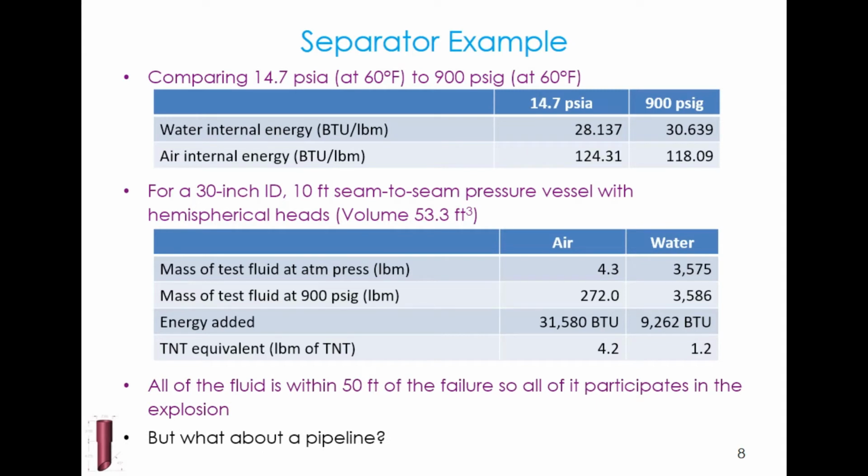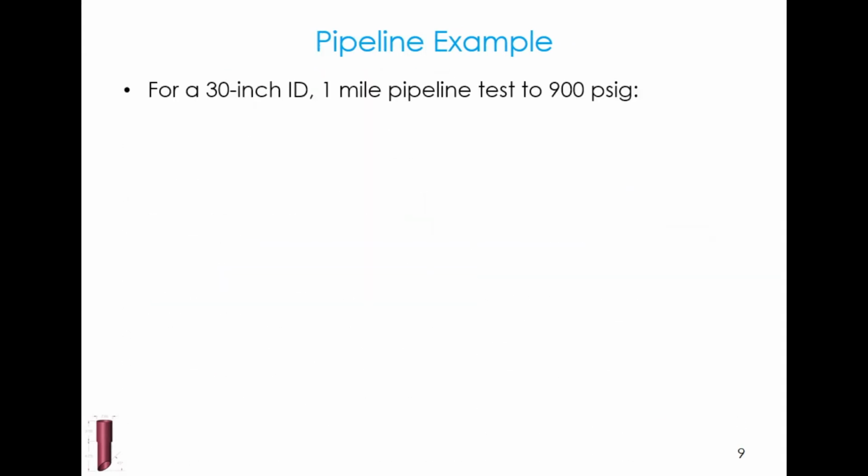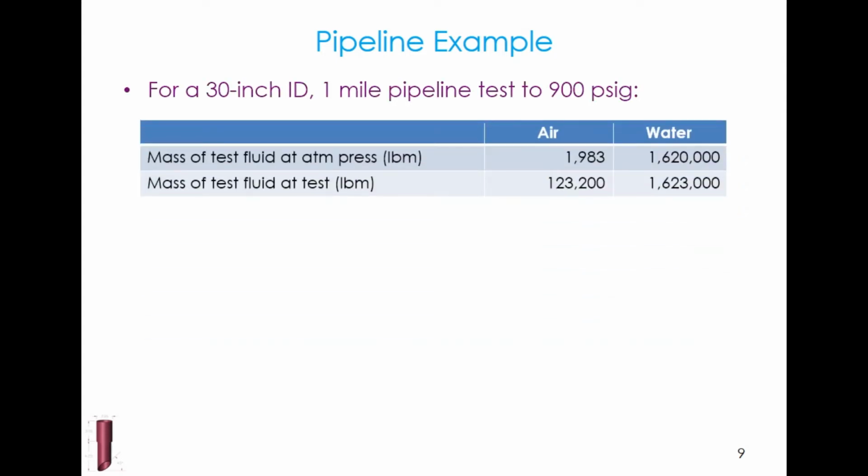But what about a pipeline? Well, for a 30-inch ID, 1-mile pipeline tested at 900 pounds, the mass of test fluid at atmospheric pressure, air's got nearly 2,000 pounds, water's got 1,000,006. The mass of the test fluid at test, the air goes up to 123,000, and the water's slightly over the 1,000,062 that it was.